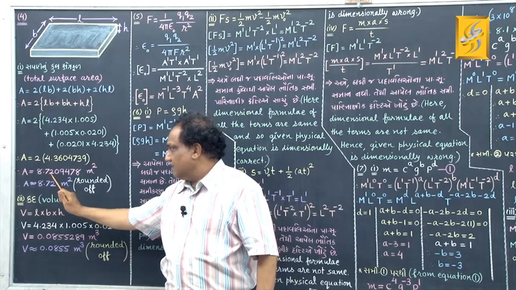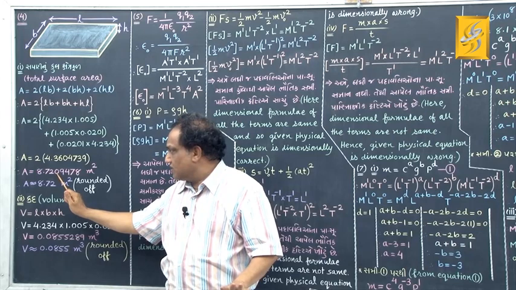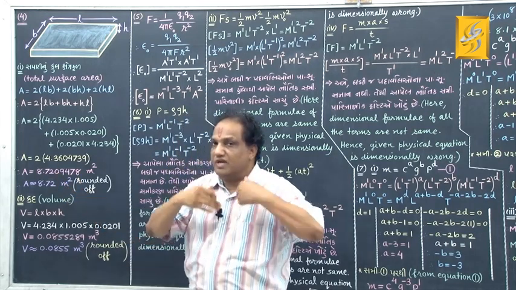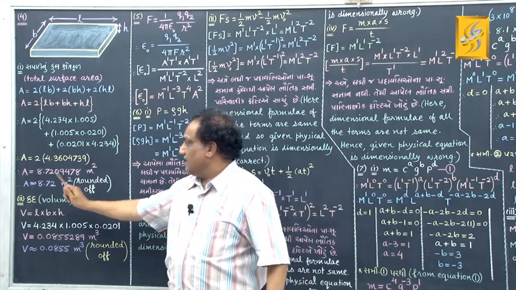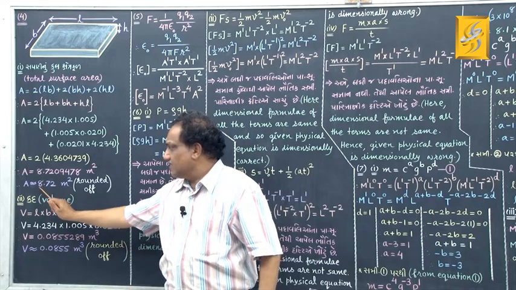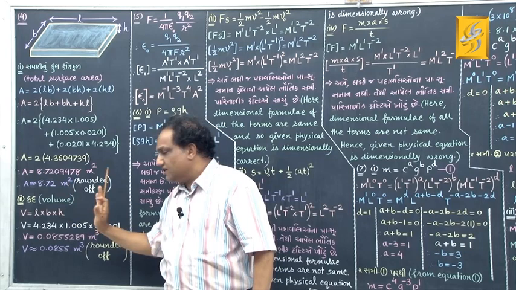Then after this you can see the digit which is to be dropped is 0, which is less than 5, so we can straightaway drop it, and the final answer we can approximate up to 3 significant digits in this form, 8.72, correct? That many meters square.